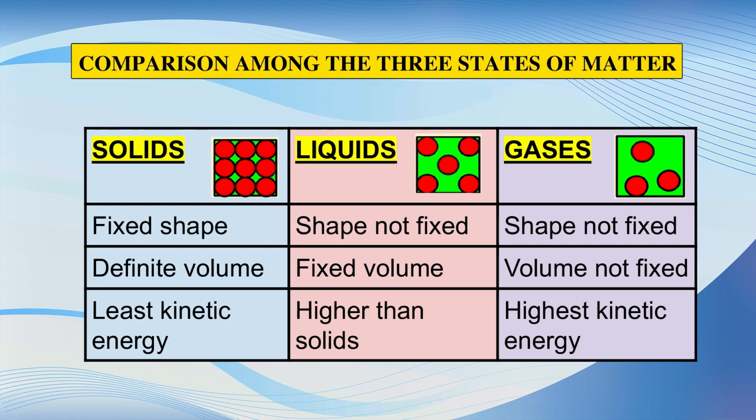Solids have least kinetic energy, liquids have higher kinetic energy than solids, whereas gases have highest kinetic energy. These properties can be explained as the particles are locked into place in solids, whereas they can slide past one another in liquids and are free to move past one another in gases.